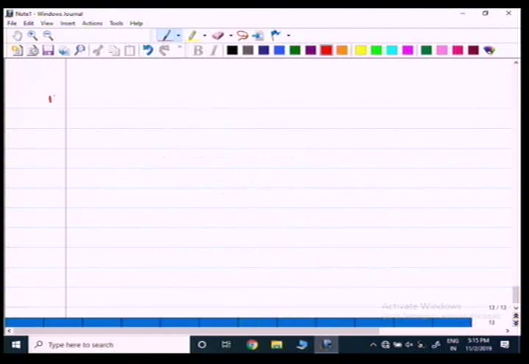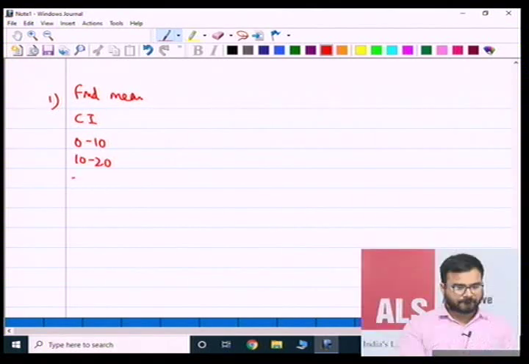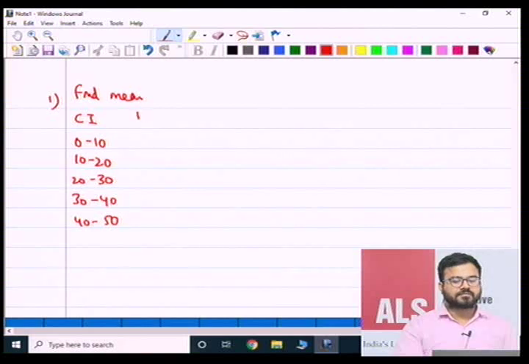Suppose the question says we have to find the mean. The class interval is given, and the number of workers, that is the frequency.